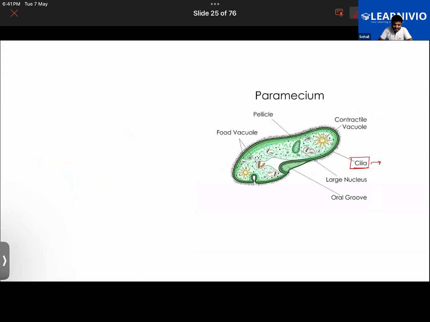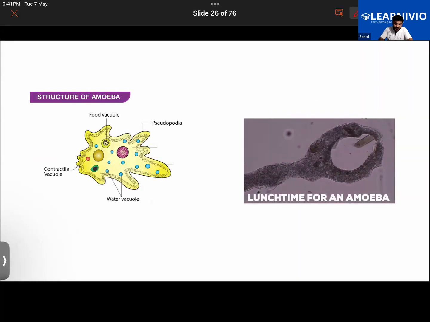Now let's understand what diseases are caused by them. Before we do that, one more important thing you should understand: the structure of the amoeba. In your previous classes, in class 7, you studied the second chapter, nutrition in animals.